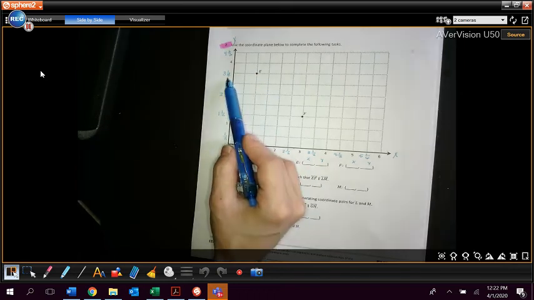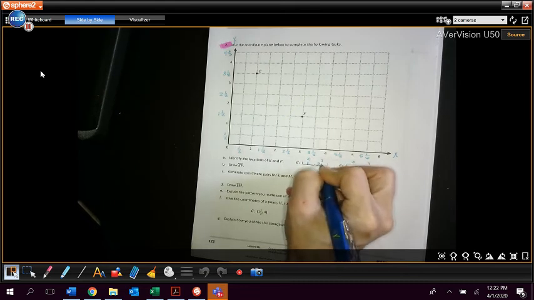Okay, so I'm going to identify the location of E and F. So again, the points are already given to me. I'm going to label X and Y so I do not get confused. Now E is right here actually. So we have 1 and 3 and a half.